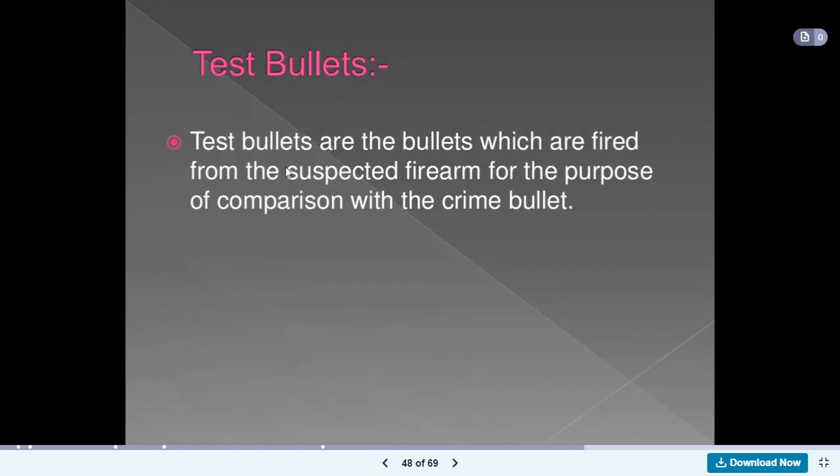Test bullets are the bullets which are fired from the suspected firearm for the purpose of comparison with the crime bullet. So, i-compare ang crime bullet. Ang mga test bullets, mao ni ang mga bullets na gi-fire sa isa ka suspected firearm for identification or comparison of the crime bullet.